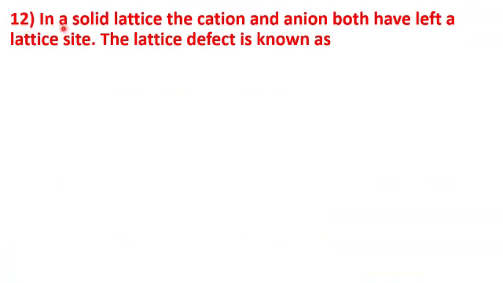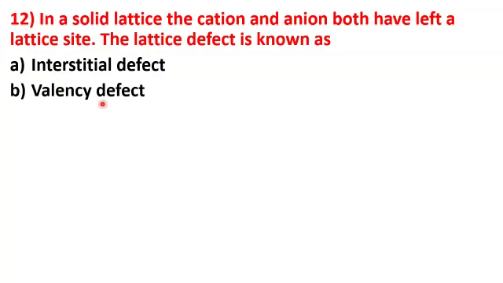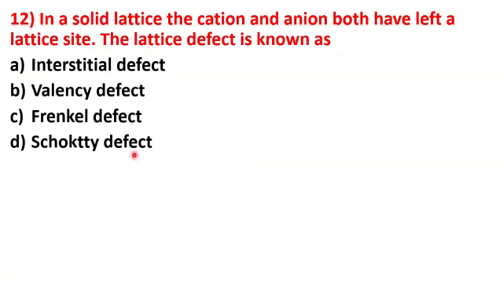Question number 12. In a solid lattice, the cation and anion both have left a lattice site. The lattice defect is known as A. Interstitial defect, B. Valency defect, C. Frenkel defect and D. Schottky defect.